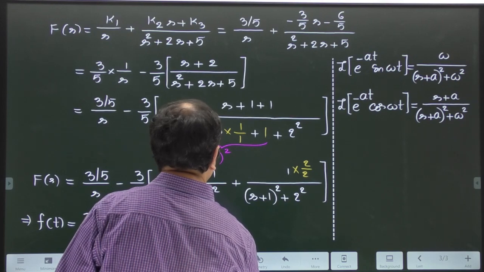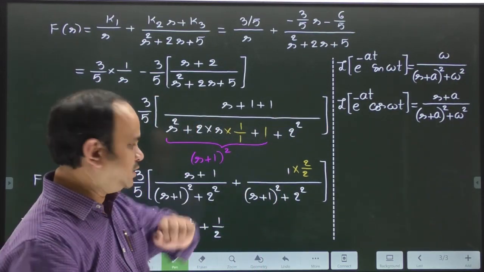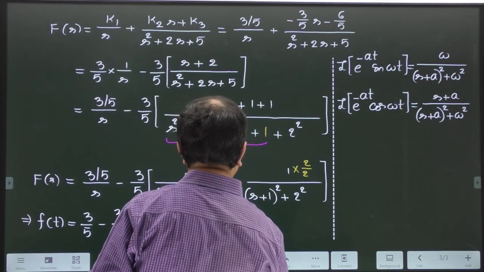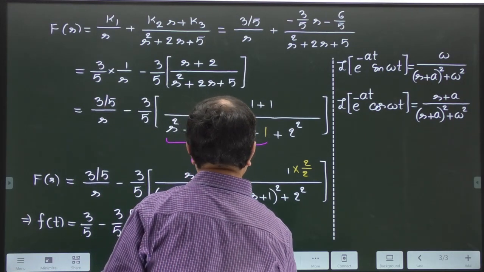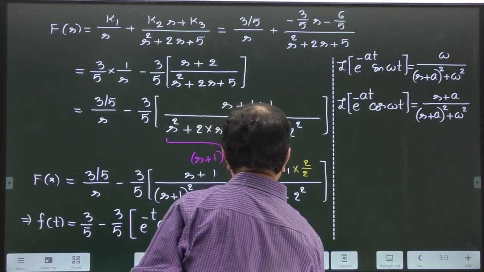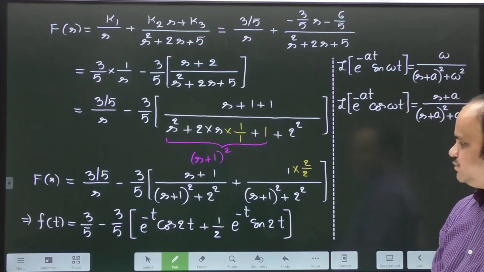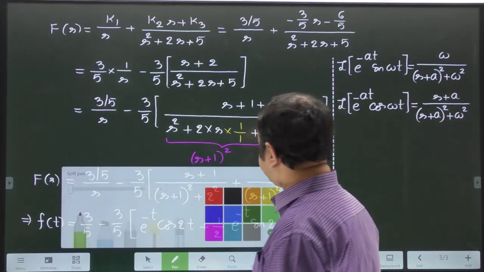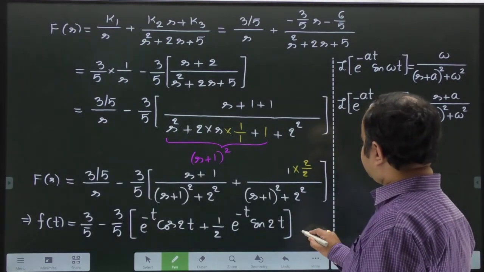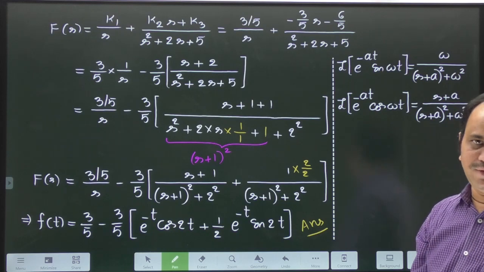Now if I take 1 by 2 outside, then it is in the form of the first one. Therefore, I can say the inverse Laplace transform will be e power minus t sin 2t. So, this is an inverse Laplace transform. Okay, so you can stop with this. So, this is the answer for the given f of s.